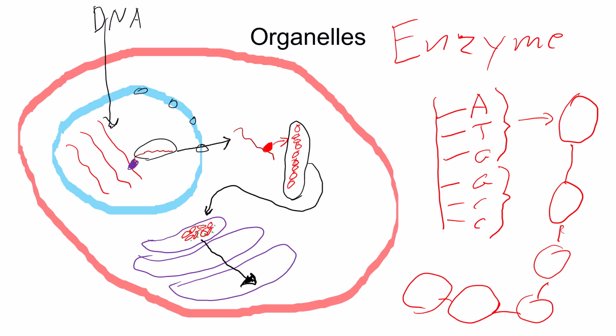There are many places the protein could go. Our protein could end up going into the cell membrane, and it could be a part of the skin of our cell.